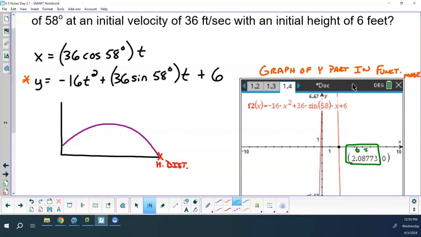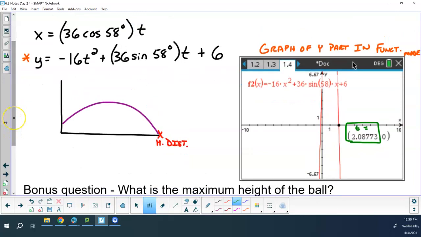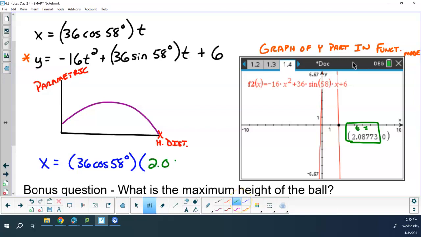I can take that t value and put it into the x part. So I could say here x equals 36 cosine of 58 degrees times 2.08773.